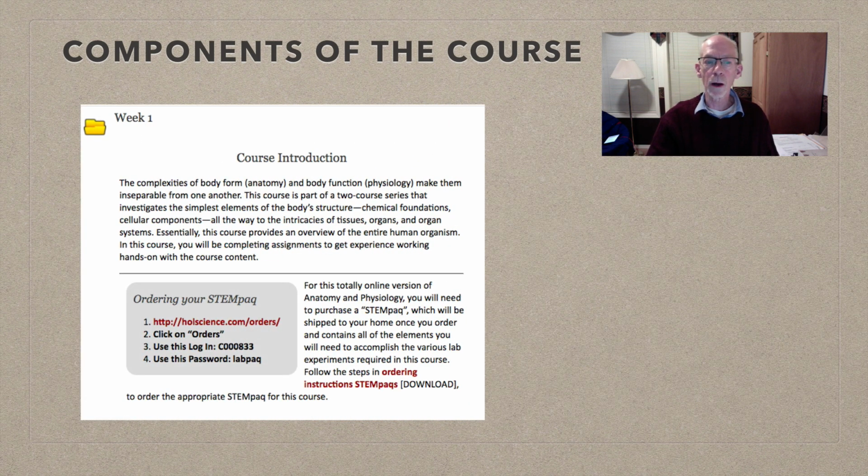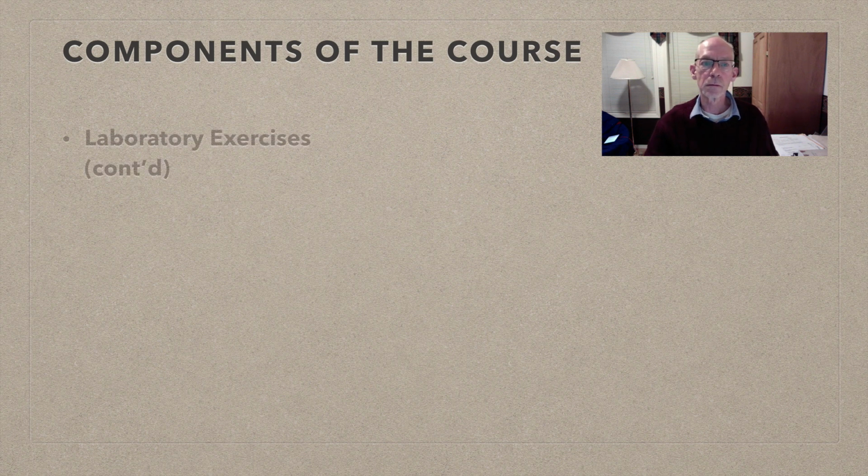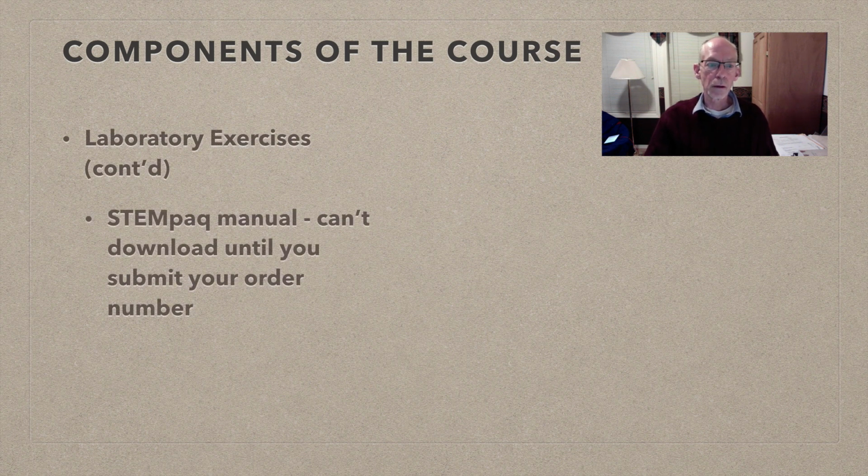So if you go to week 1, you'll see the information that you'll need in order to order the STIM pack. Again, the STIM pack manual can't be downloaded until you submit your order number, so be sure and do that.